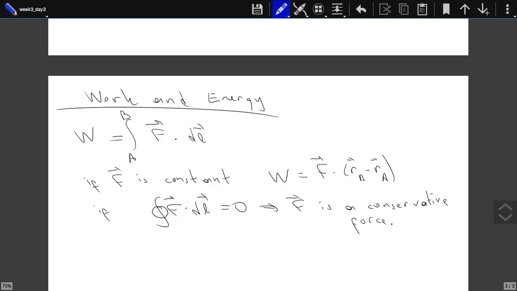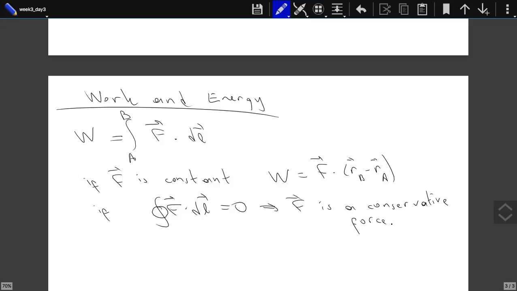For example, the gravitational force is constant close to the surface of the Earth. Since it's constant, it satisfies this property, and so the gravitational force is a conservative force.